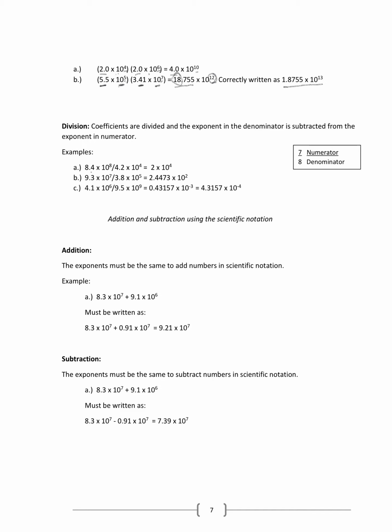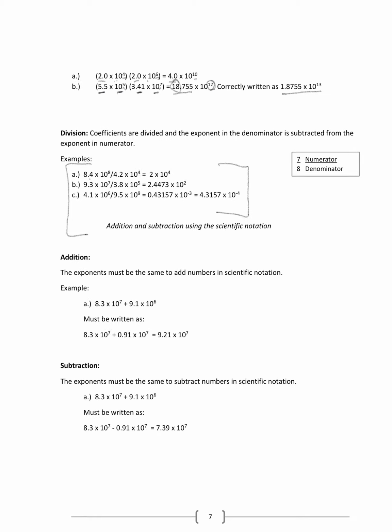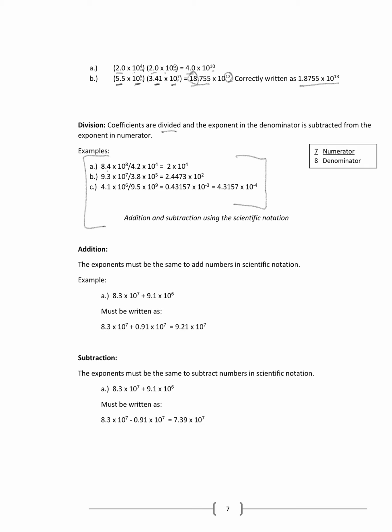How about if we divide? When we divide them, the coefficients are divided, and the exponents in the denominator are subtracted from the exponents in the numerator. So it's really the opposite. Let's look at an example. We have 8.4 times 10 to the 8th divided by 4.2 times 10 to the 4th.